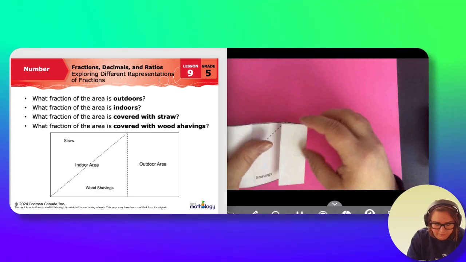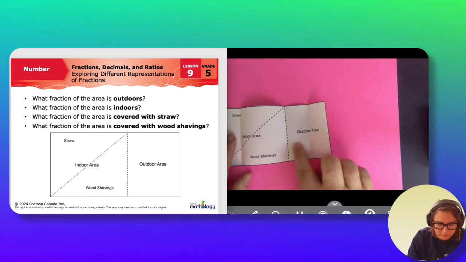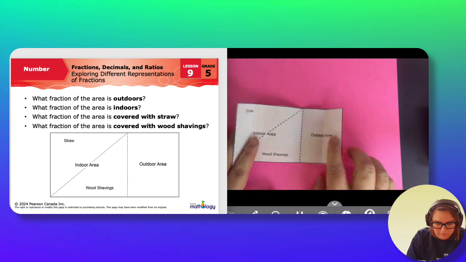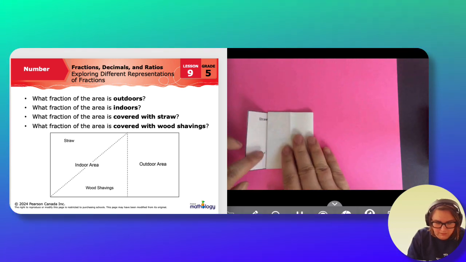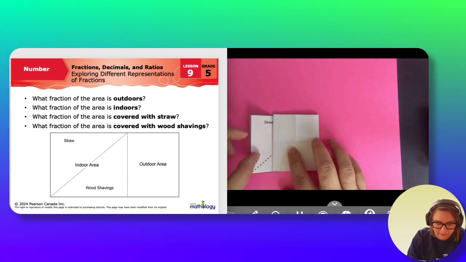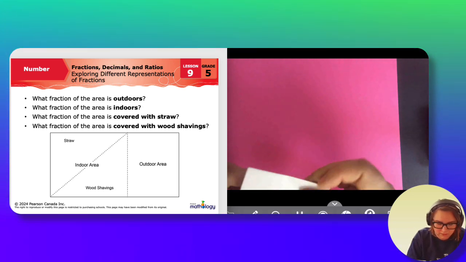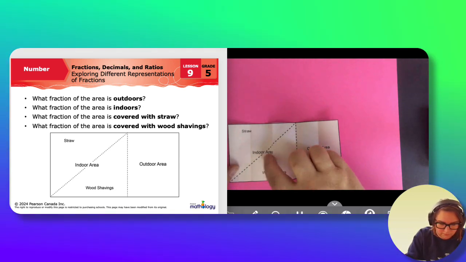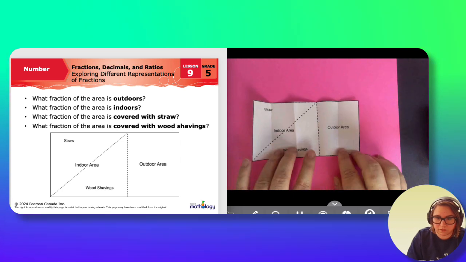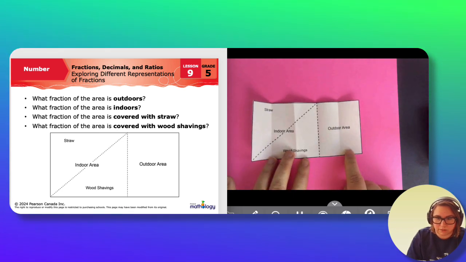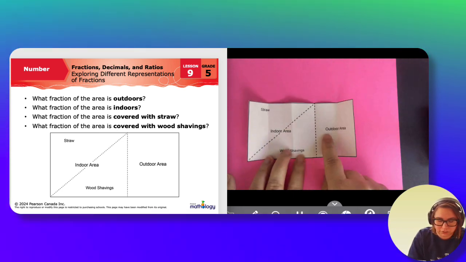Is half of the outdoor area the same as what's left over when we cut it in half? And so does that mean that there are potentially, let's see, 1, 2, 3, 4, 5 half outdoor areas? So the outdoor area is what fraction of the whole?